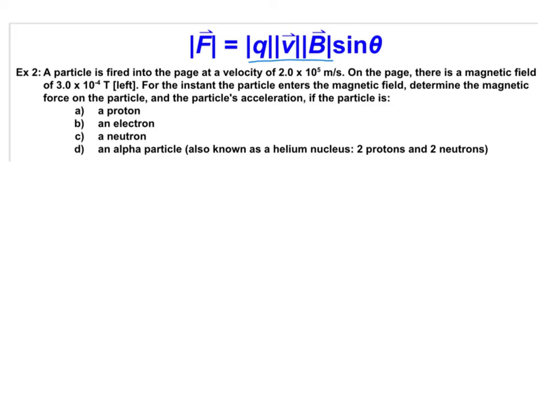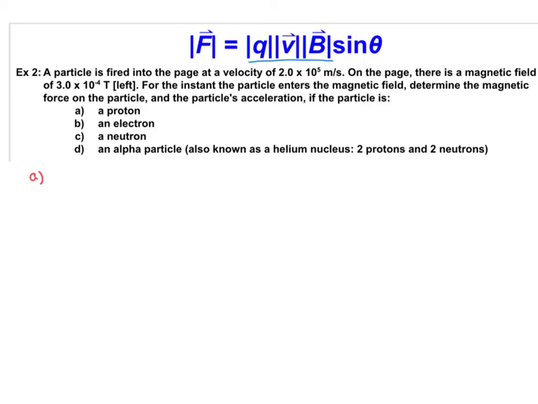So do part A first. So part A is a proton, and you may need to look up some things. So you have to go back to the useful values document that's posted within this unit to get the charge of a proton and to get the mass of a proton.